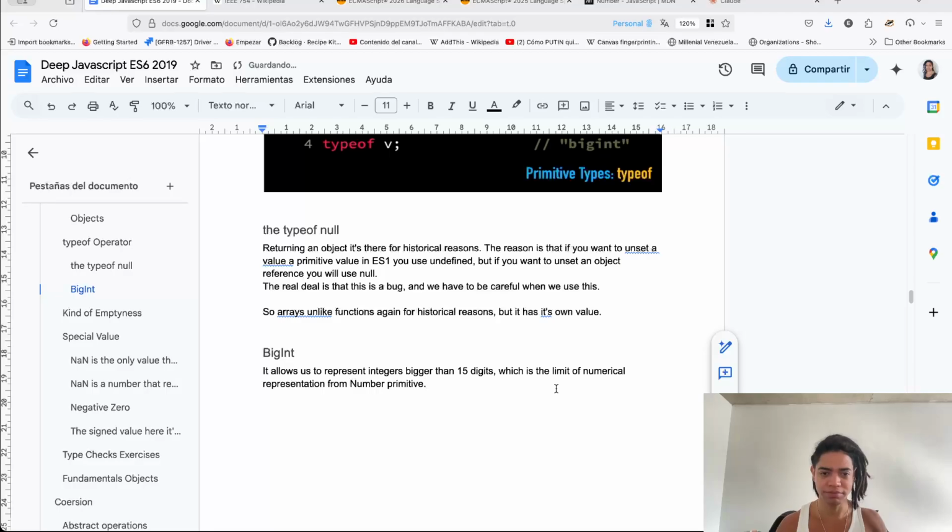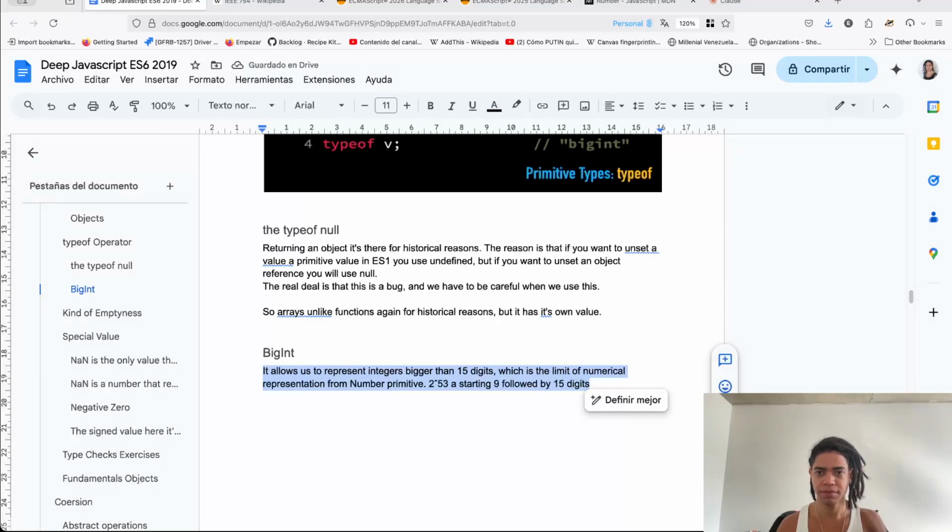Because of that, specifically 2 to the power of 53, safe integers, that gives you a 9 followed by 15 digits.